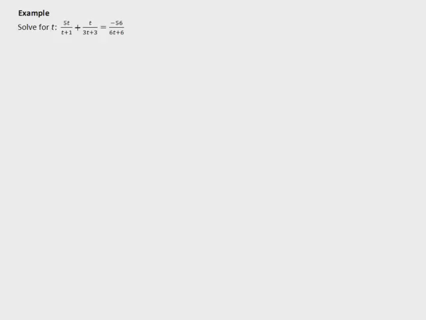Solve for t. 5t over t plus 1 plus t over 3t plus 3 is equal to minus 56 over 6t plus 6. So here we have rational expressions on both sides of the equation. But anyway, the first thing you do when you need to add such expressions is find the LCM. What's the LCM of t plus 1, 3t plus 3 and 6t plus 6?